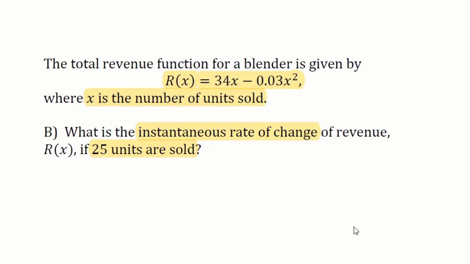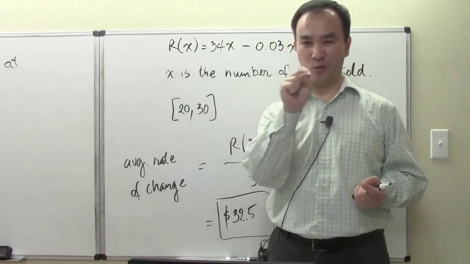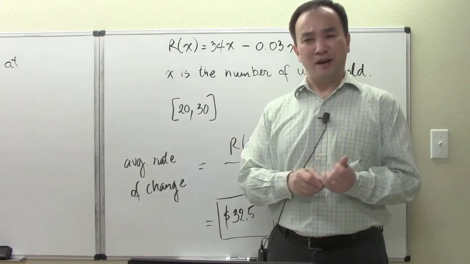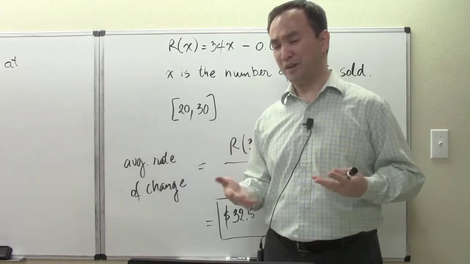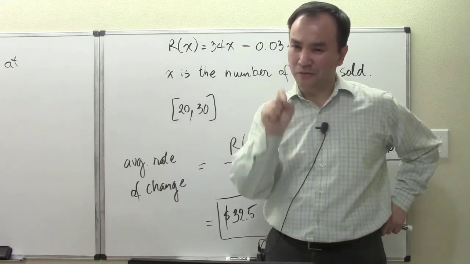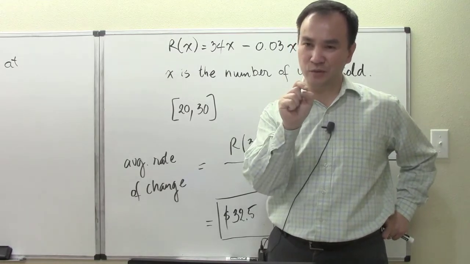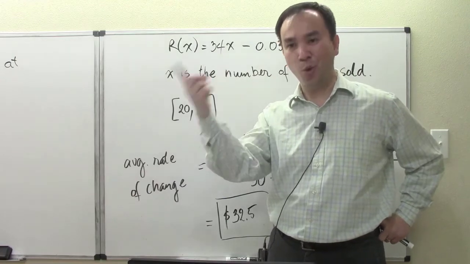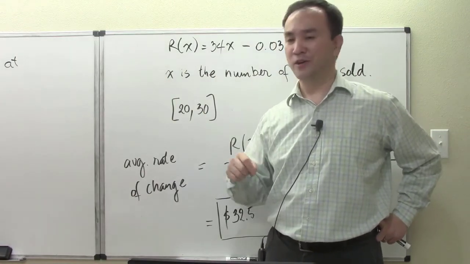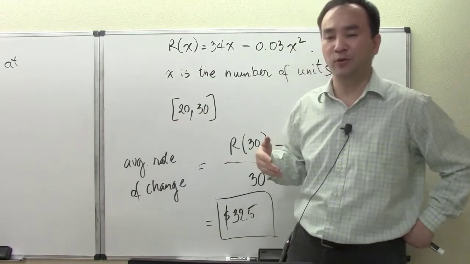As a reminder, an instantaneous rate of change is the kind of rate of change that only happens at one instant. I'm using the term instant to make it feel like it's time, but really here we're talking about right at that instant where your store is selling exactly 25 blenders. Not 26, not 25.5. Well, for blenders, we can't really have 25.5.